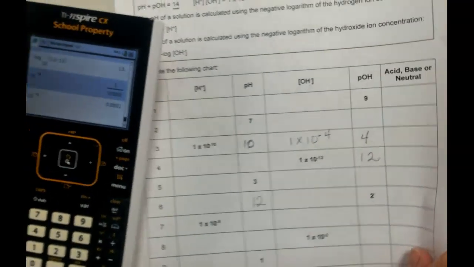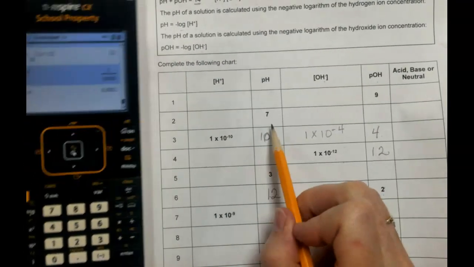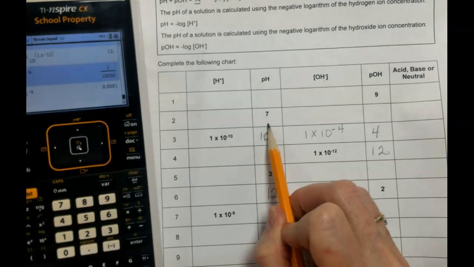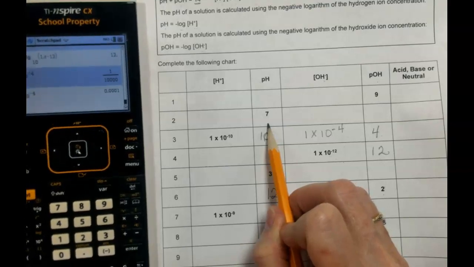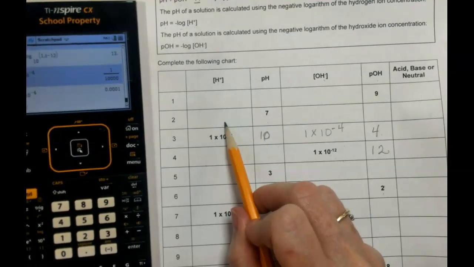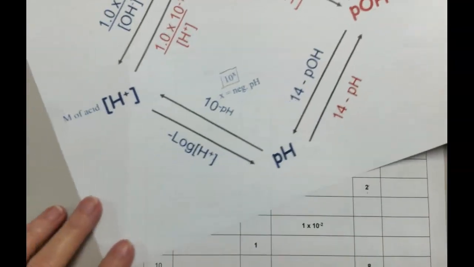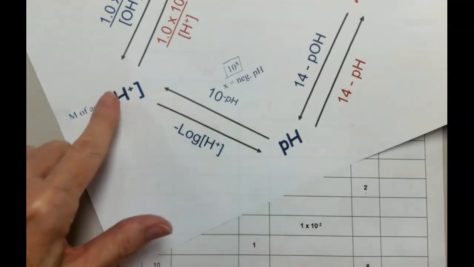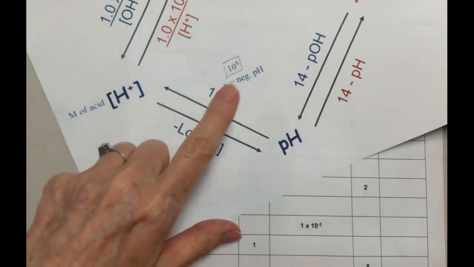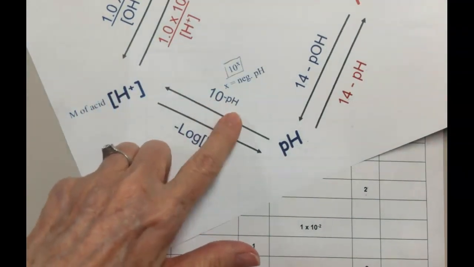Let's look at another one. Let's look at number 2. If I know the pH is 7, what's the hydrogen concentration? So again, let's go here and look at our chart. It says pH to hydrogen concentration. I'm going to do the antilog: 10 to the negative pH.